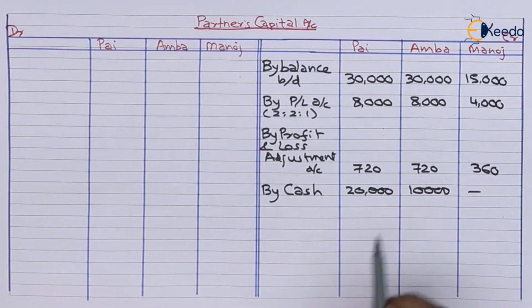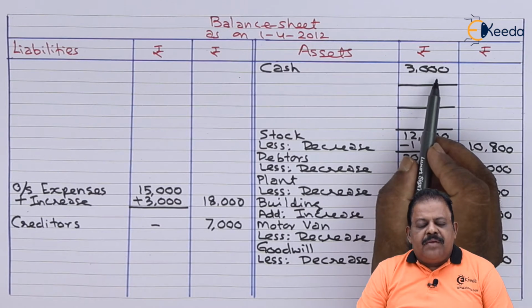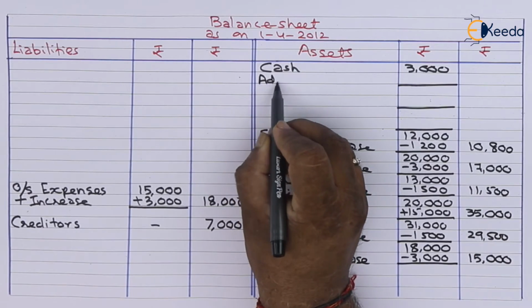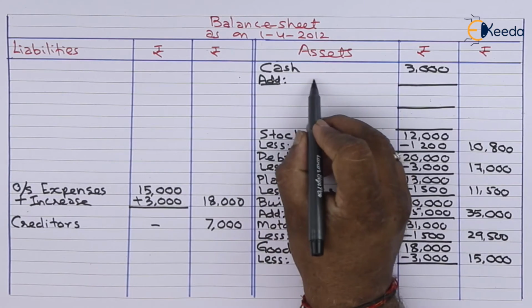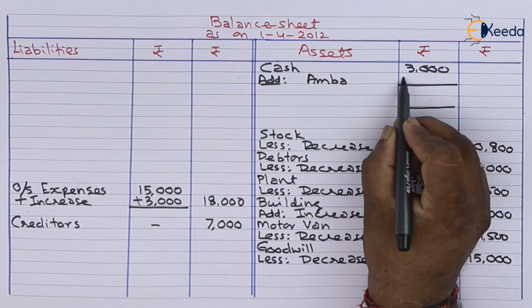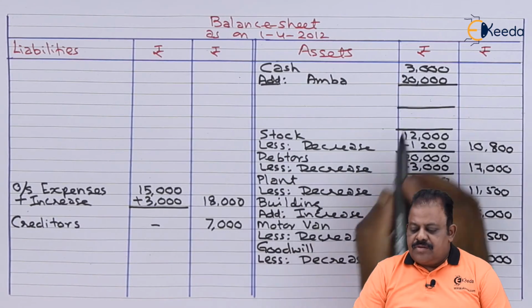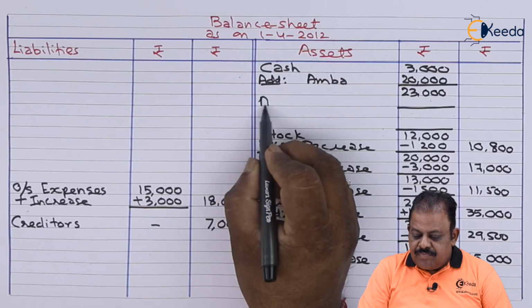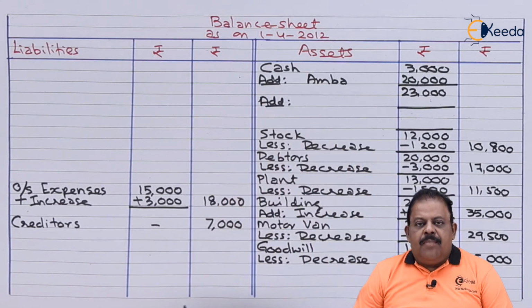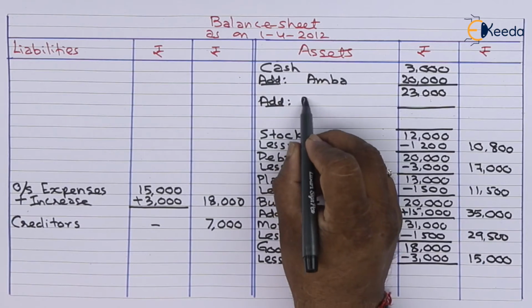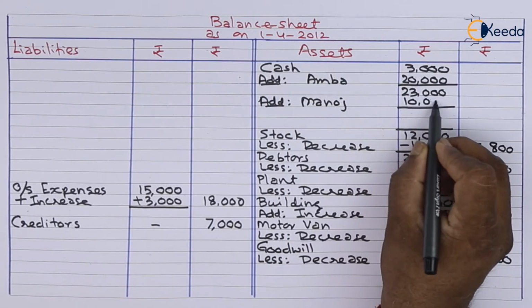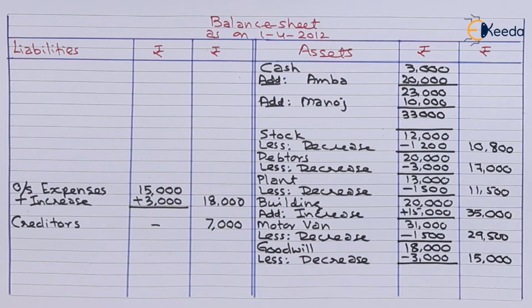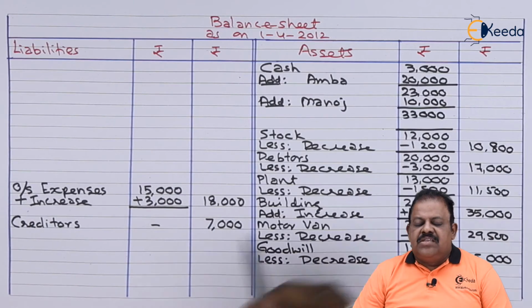This will have another effect in balance sheet on asset side. Cash opening balance 3,000, add amount received from Amba 20,000, so it becomes 23,000. To this we'll add amount received from Manoj, plus 10,000. So it has become 33,000.